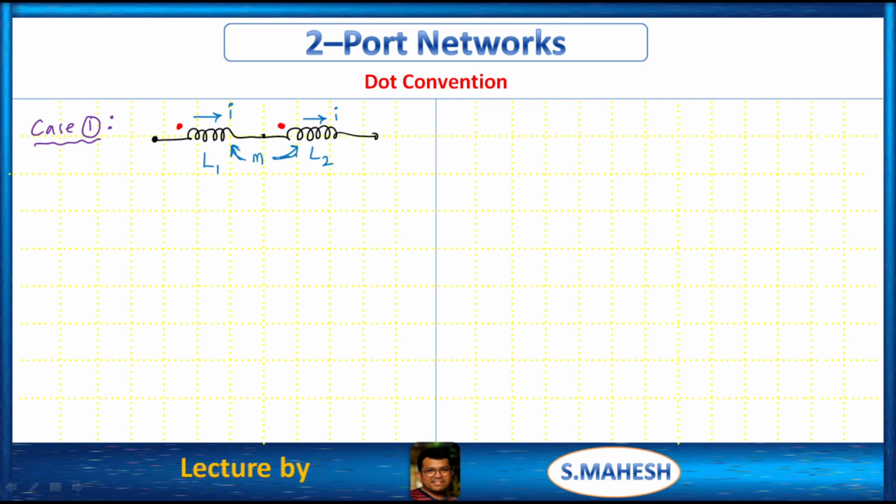What is the statement? When the current through these dots is entering in both the coils, then it is said to be a positive value of M, otherwise it is negative.